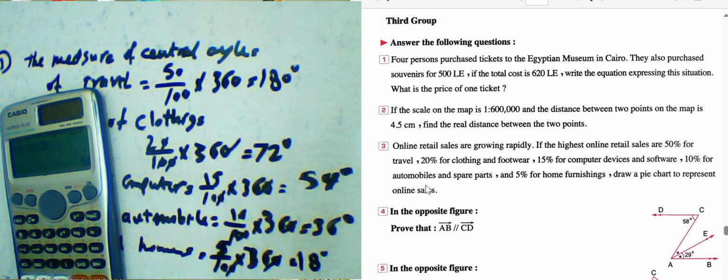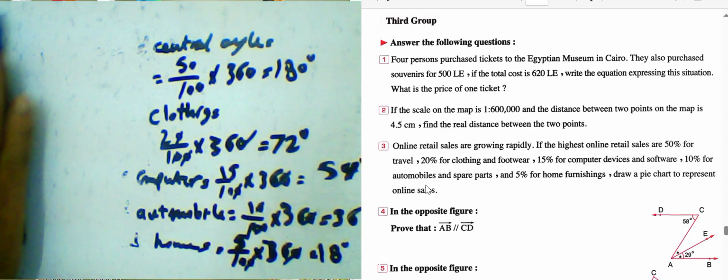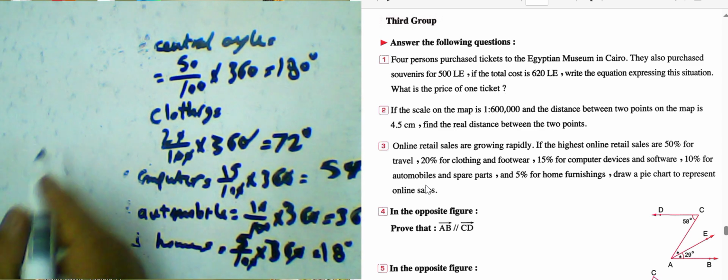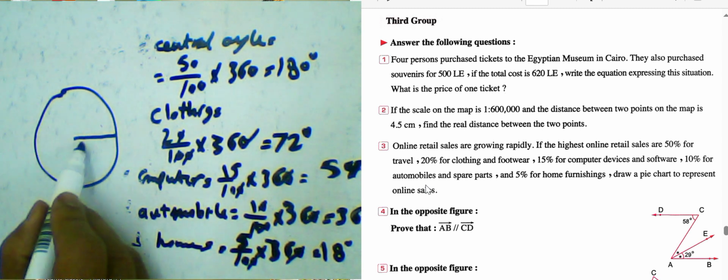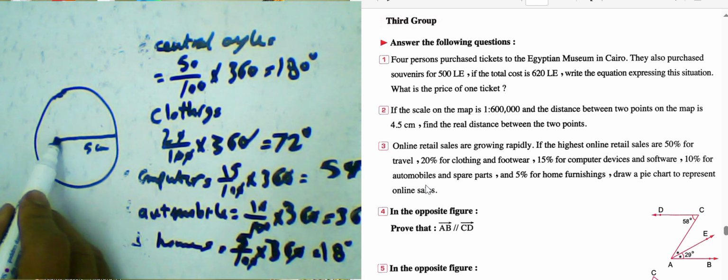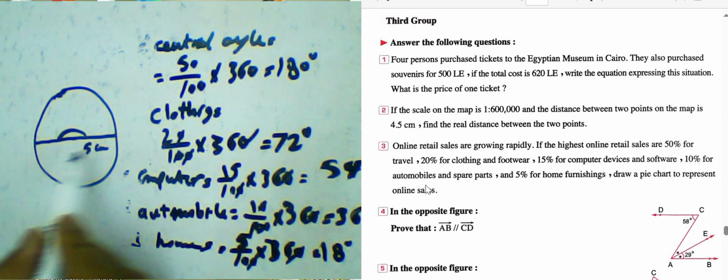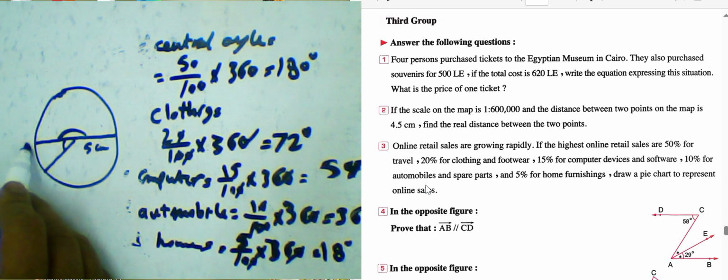Okay, it's the first step. Second step, we can draw a circle with a radius of 5 centimeters or 4 centimeters, and then you can use a protractor to draw the first angle, 180 degrees, and the second angle, 72 degrees, from 0 to 72.